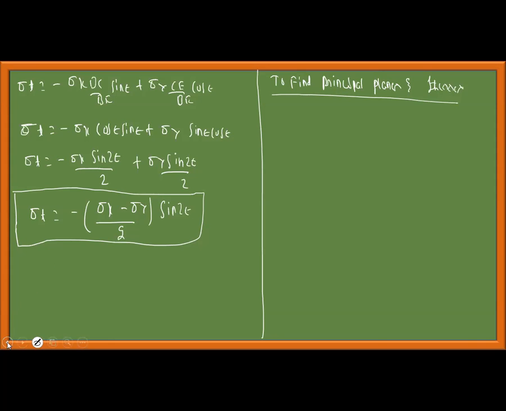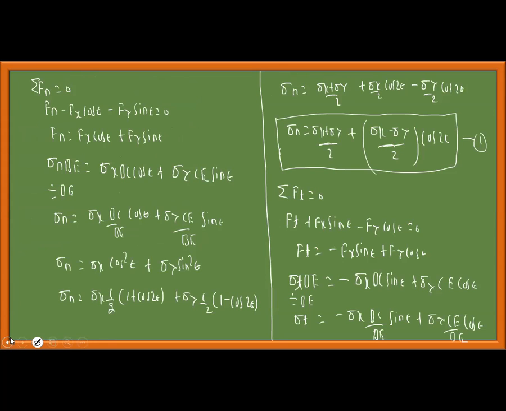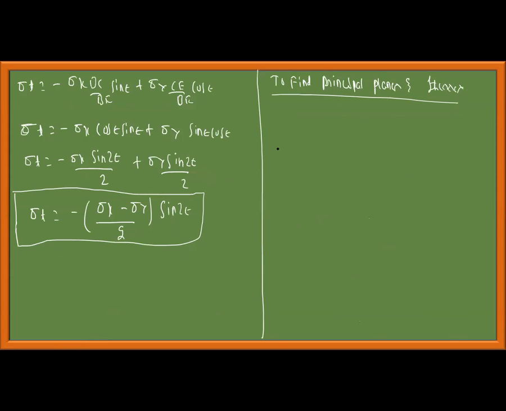Sigma normal is given as sigma normal is equal to sigma x plus sigma y by 2 plus sigma x minus sigma y by 2 cos 2 theta. This is sigma normal.